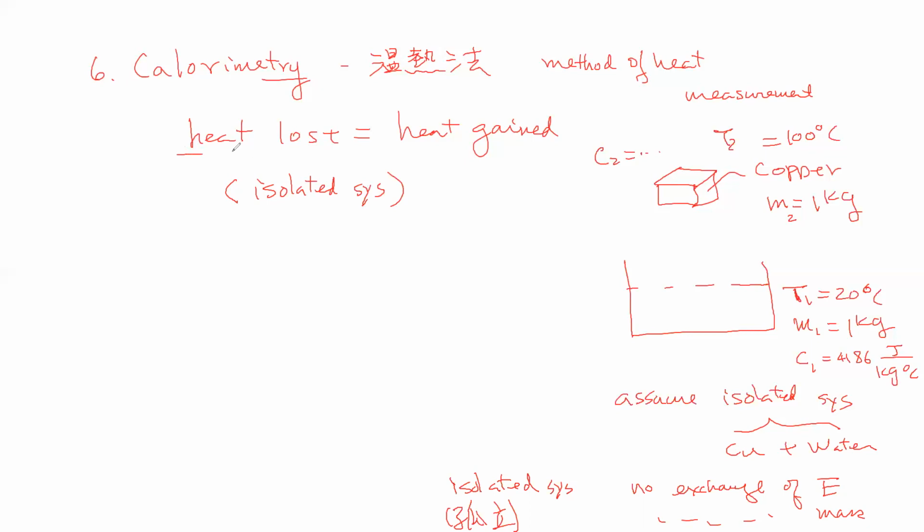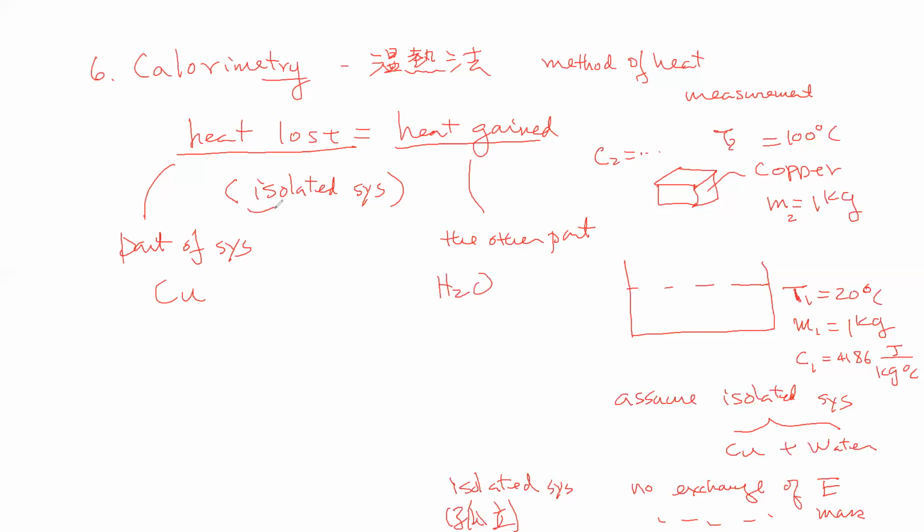So this is talking about heat loss from part of the system, and this is heat gain for the other part of the system. Right? So for example, in this case, the heat loss is the copper, and the heat gain here is the water.